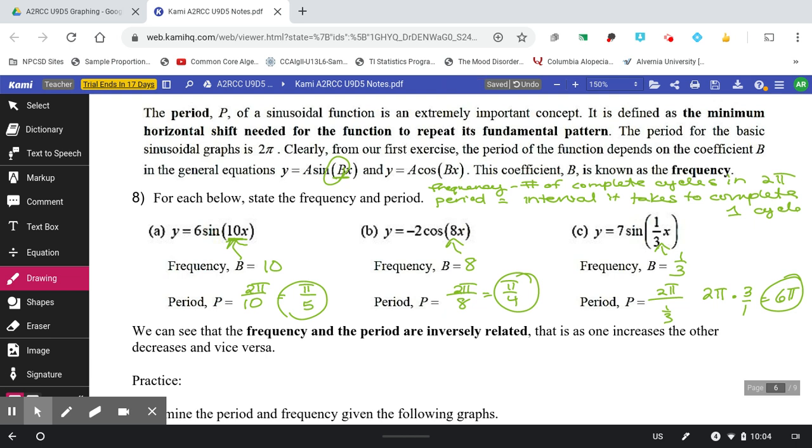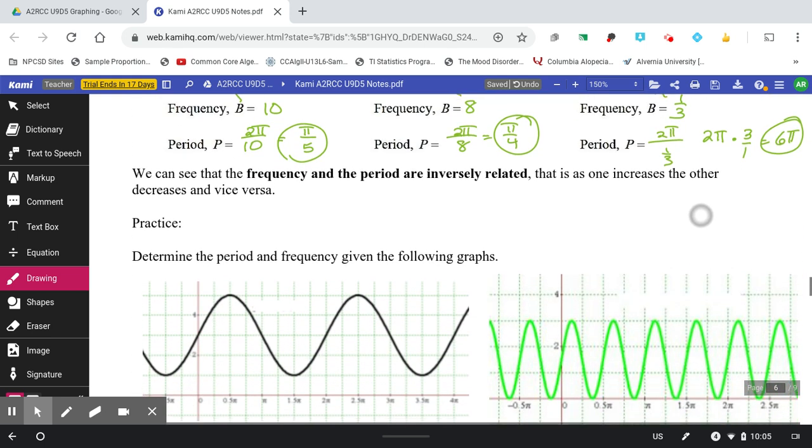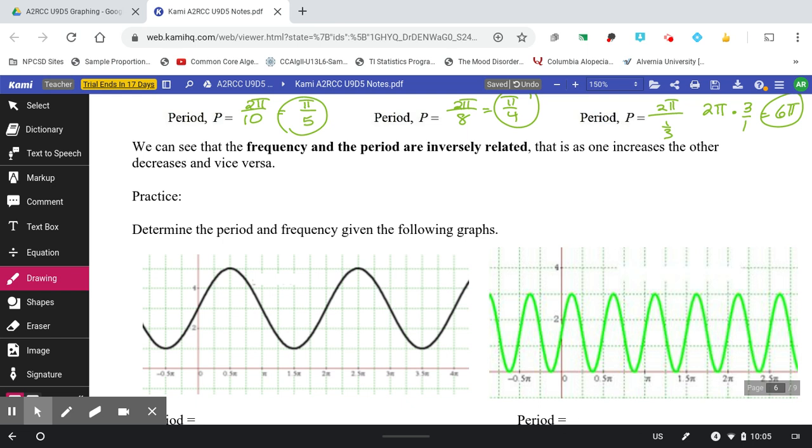Okay, if it only completes a third of the cycle in 2 pi, then it would take 3 times that in order to complete a full cycle. So we can see that the frequency and the period are inversely related to each other. As one increases, the other decreases, and vice versa.